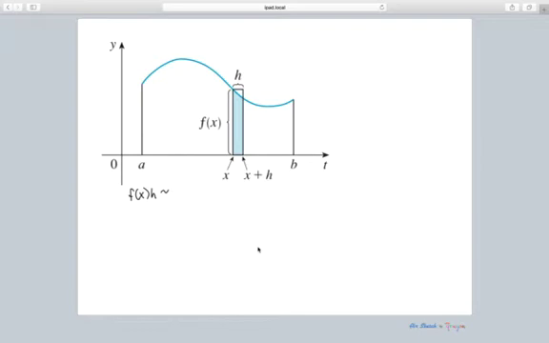But another way I can do it is using my little accumulation function. So I want to think about how I would define that rectangle using the accumulation function. And I accidentally erased it, so let me rewrite it. G of x is the integral from a to x of f of t dt.